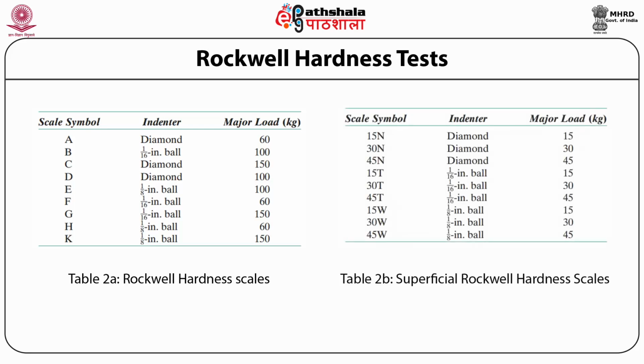Similarly, Table B shows the superficial Rockwell hardness scales with the scale symbols starting from 15N to 45W, with the major load varying from 15 kilograms to 45 kilograms with different indenters.